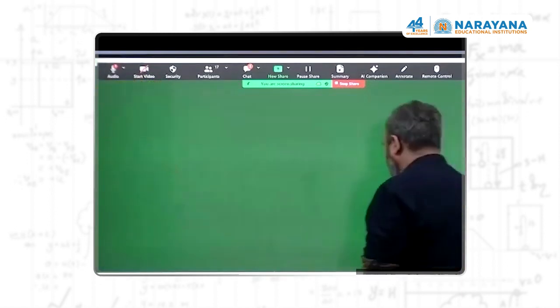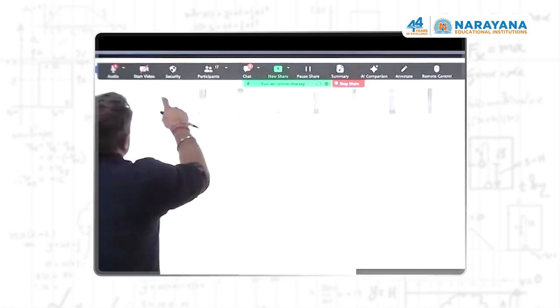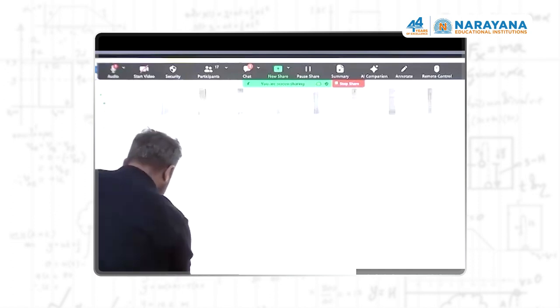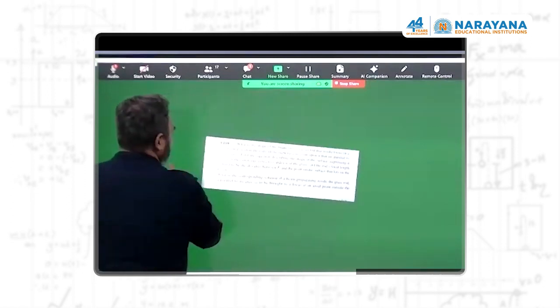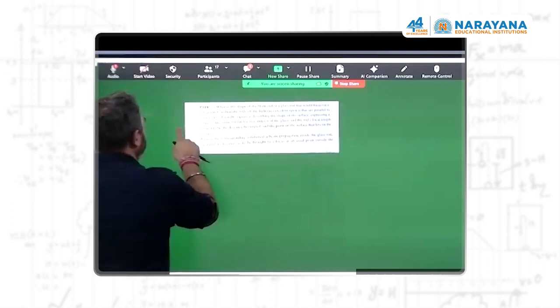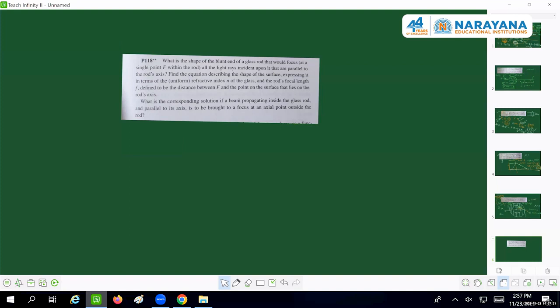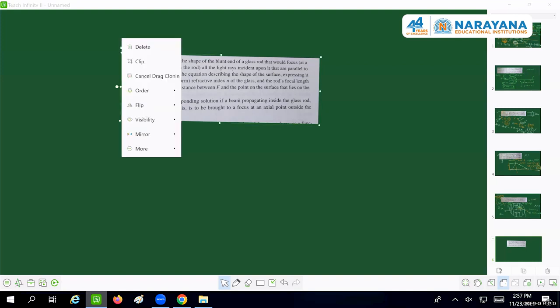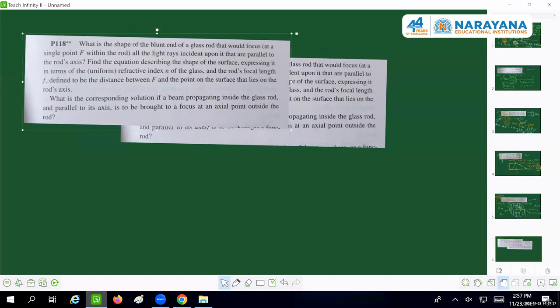Okay, let me take up one subjective problem where I want to derive something. Just observe this question. In this problem, you have to derive the equation of the shape of a glass rod.